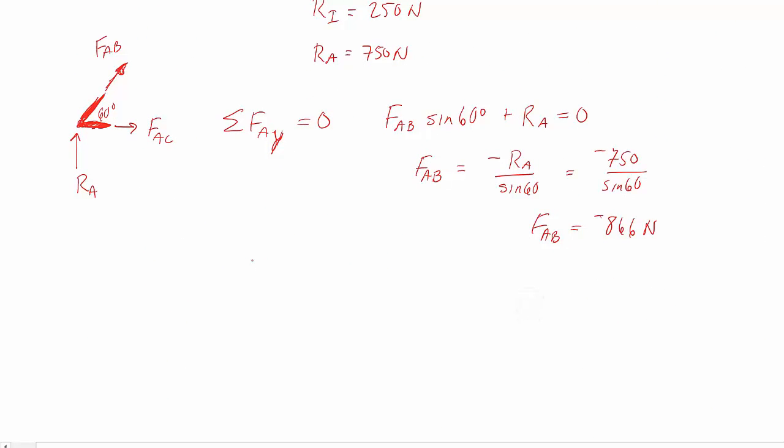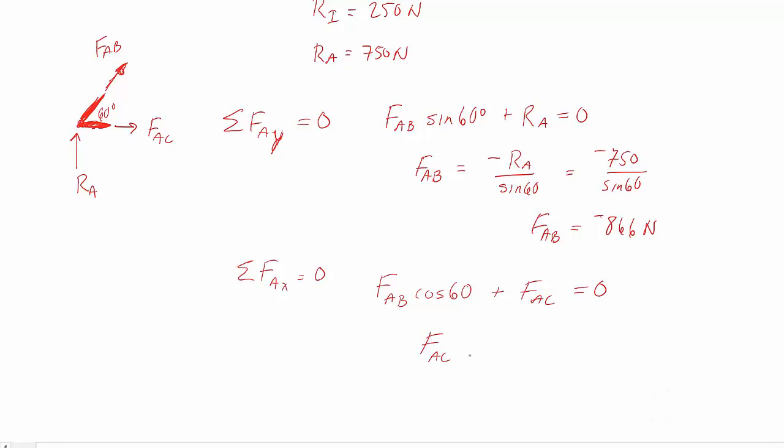Then the total forces acting in the horizontal direction on A also have to be equal to 0. So as I've drawn it here, I have FAB cos 60 plus FAC is equal to 0.